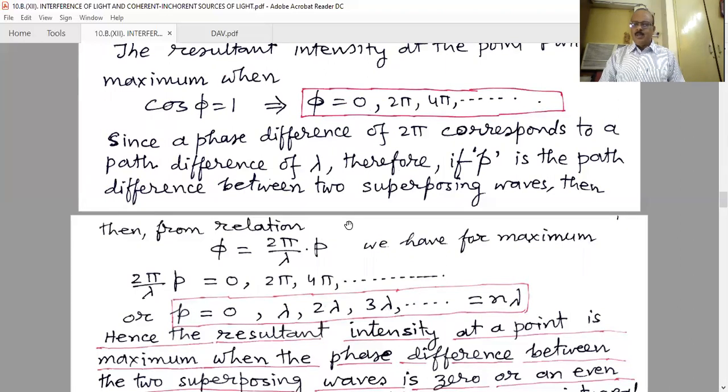Therefore, for p, phase difference is 2 pi by lambda into p, and that is phi. That is the relationship between the phase difference and path difference, and this relationship is very important. We will use it several times.